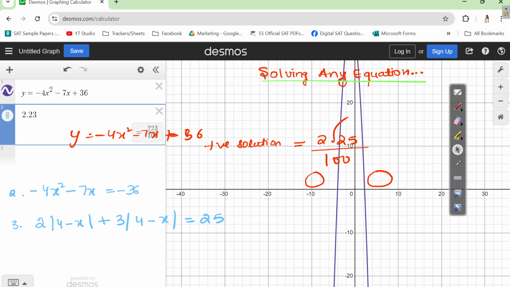This looks like a fraction icon. Click on that, so you'll get the fraction. Yeah, so 2.25 in fraction is 9/4.